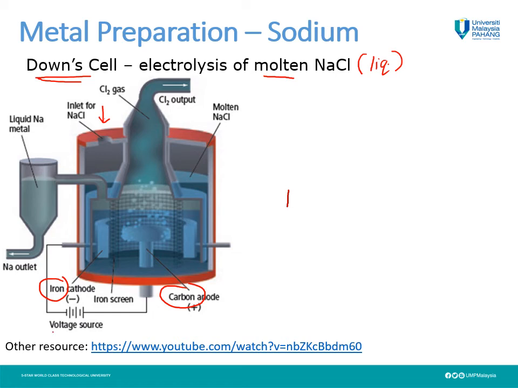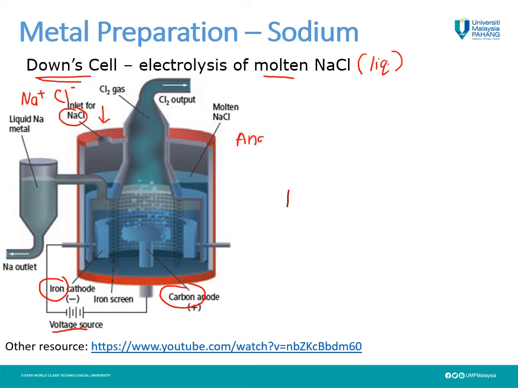By the passage of voltage, sodium chloride will form sodium ion Na plus and Cl minus, and the reaction of electrolysis will happen as follows.